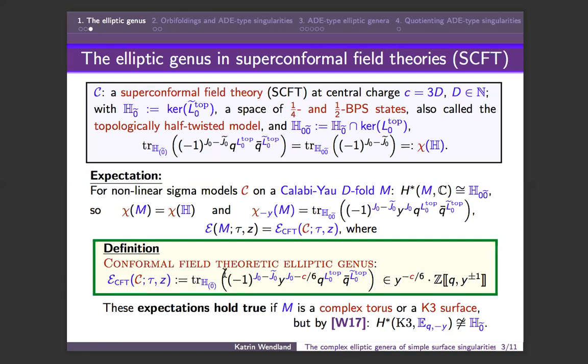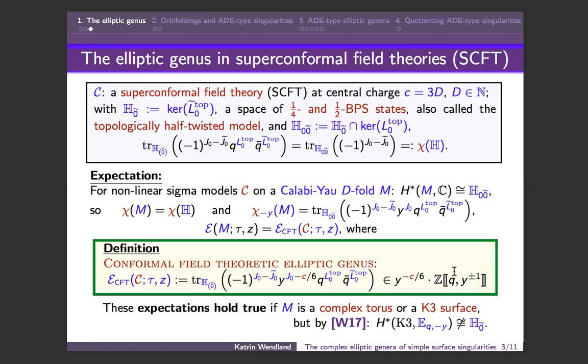Okay, so here we have a definition of the conformal field theoretical elliptic genus. And as before, you have these cancellations going on. So the fact that I put the q-bar to the L0 tilde top in here is just for show, because it doesn't enter. At the end of the day, you have cancellations from any contribution that comes from eigenvectors with non-zero eigenvalue with respect to this operator.